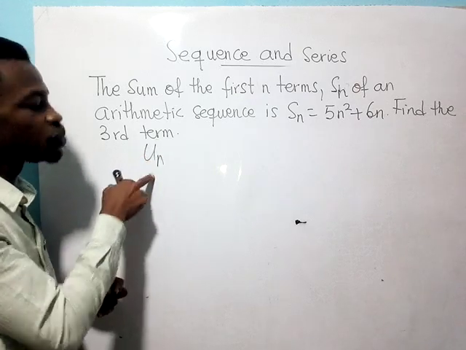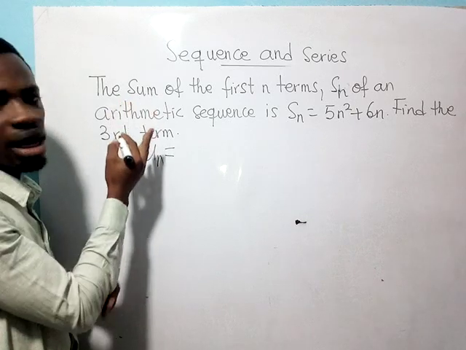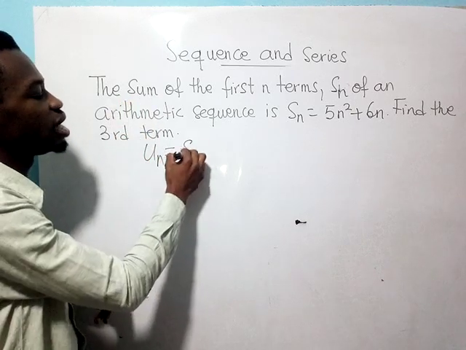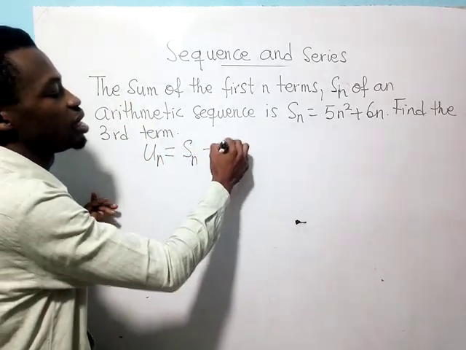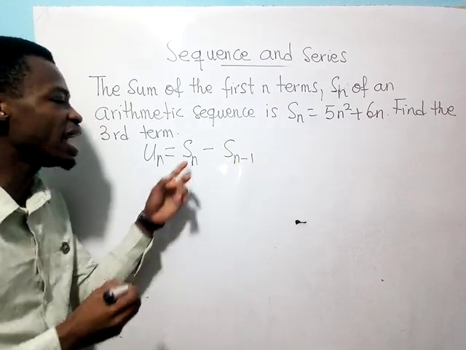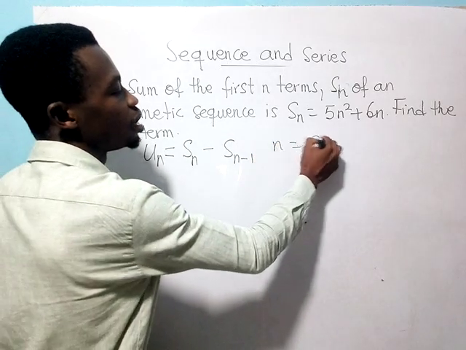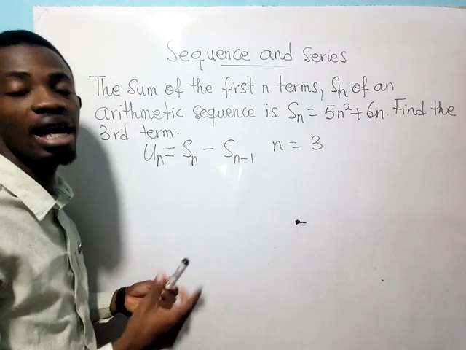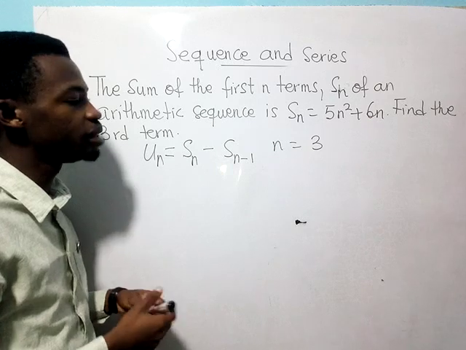Now, under this topic, un is Sn minus S(n minus 1), where n represents the third term.